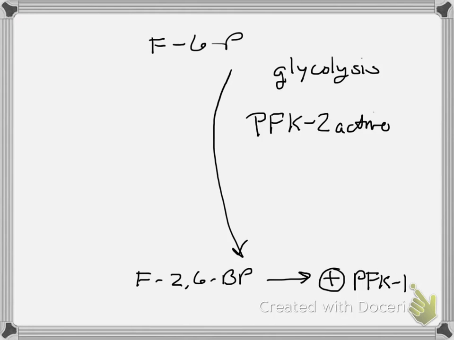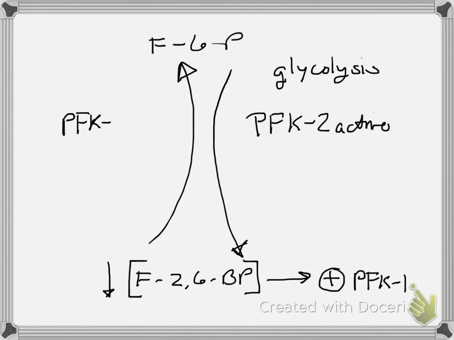Now, in gluconeogenesis, we need to reduce the concentration of fructose 2,6-bisphosphate as an activator of PFK1, and so in order to do that, we need to reverse this reaction, to cleave the phosphate off of the number 2 carbon of fructose 2,6-bisphosphate, reducing its concentration and reducing the activation of PFK1. This is also going to be done by PFK2 because this is considered a bifunctional enzyme.